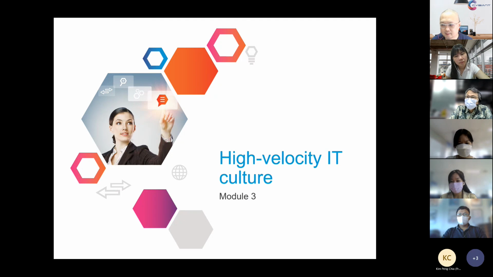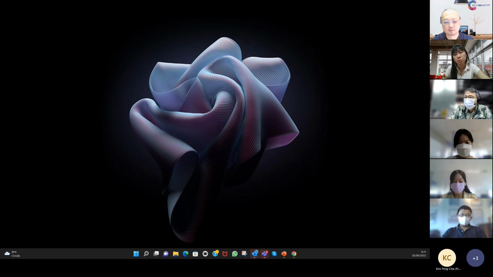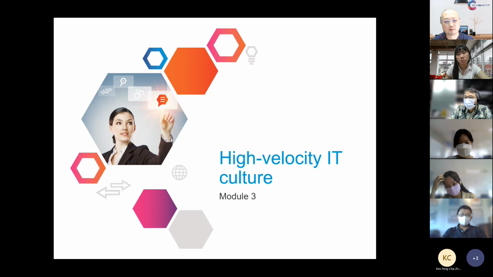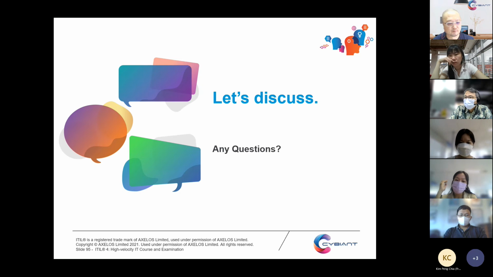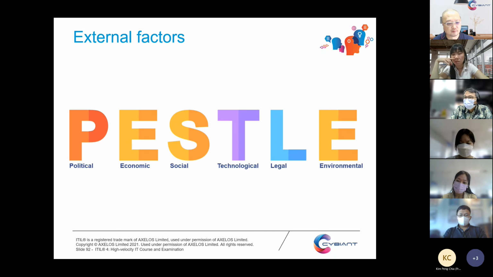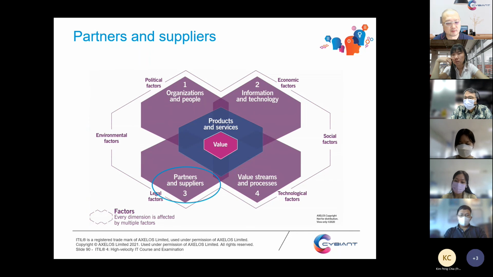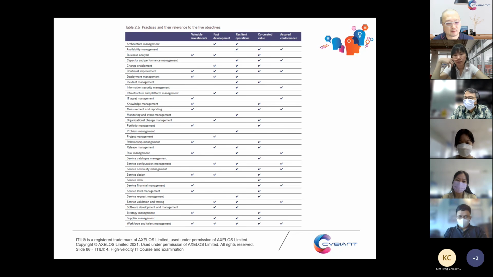Slide 86, sir. Okay, let me go to slide 86. 86 is this table. This one, yes. Could you teach us how to get this one, sir? For example, the availability management, what aspects do we have to get in this table?